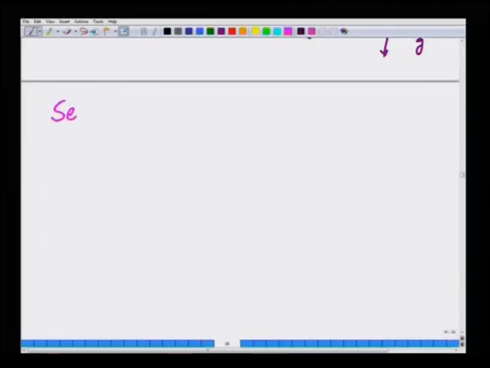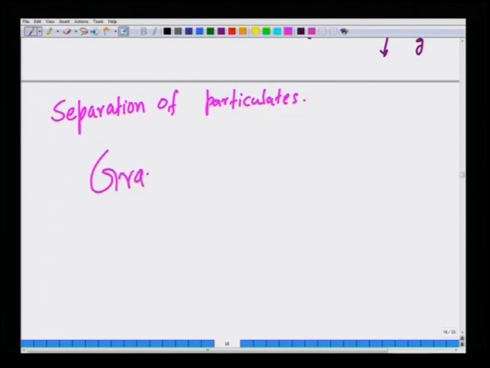Now, I am going to do an application, and the application is as follows. You want to have separation of particulates by virtue of the difference in their size. How it is done is using what is called a gravity settling chamber.